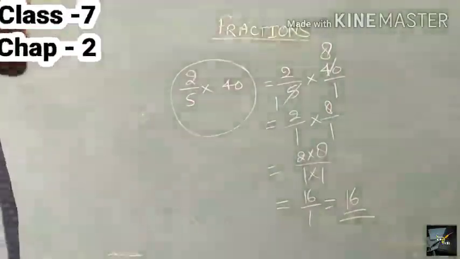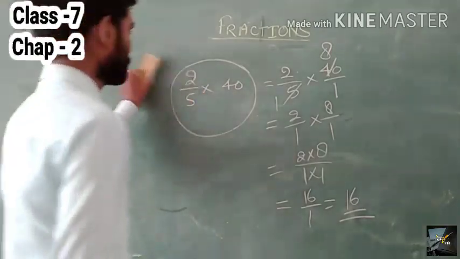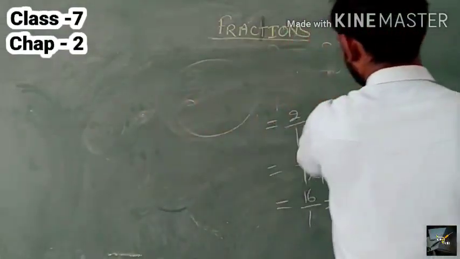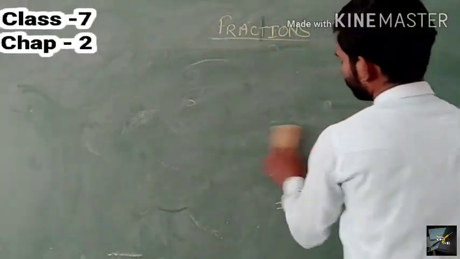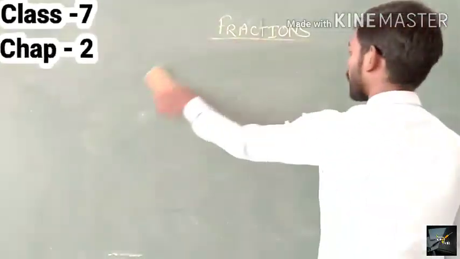Now let us see the reciprocal of a fraction. The concept of reciprocal of fraction will be used in the division of fraction. Therefore, you have to know about the reciprocal of the fraction.